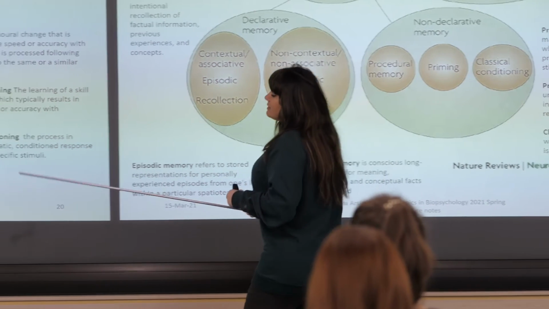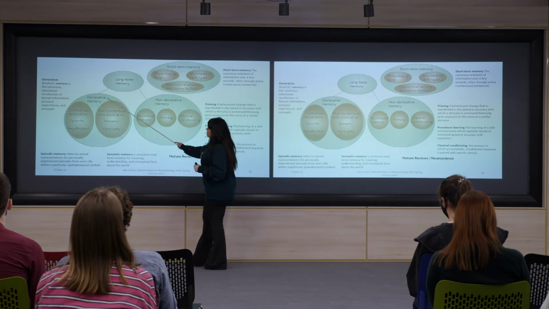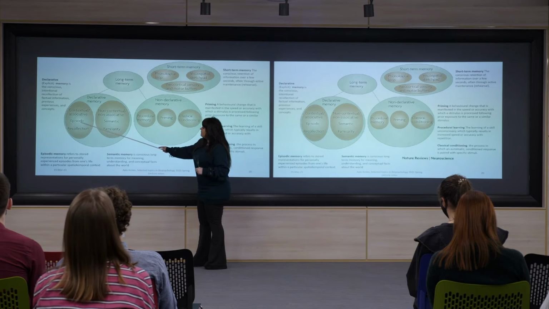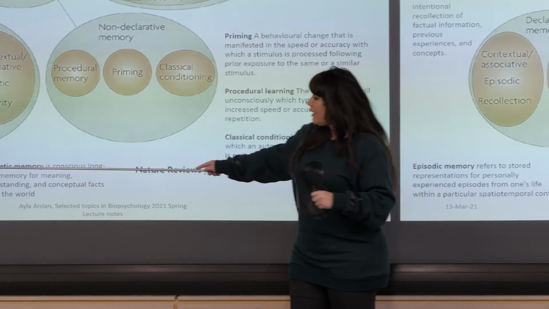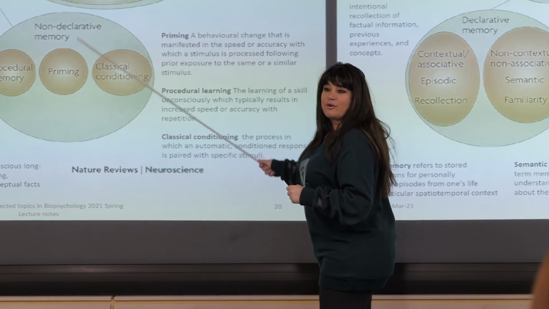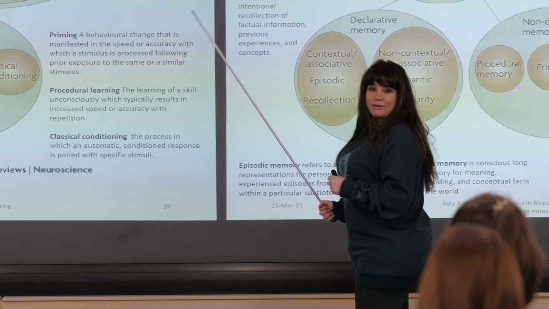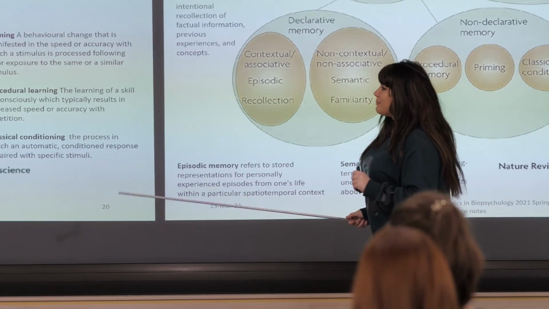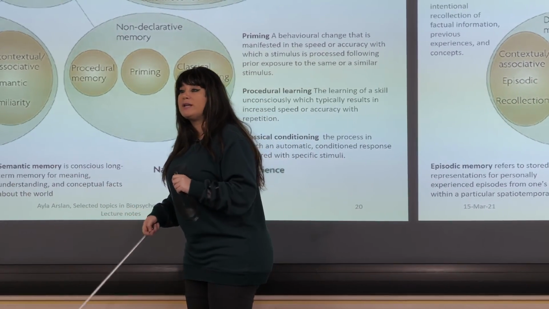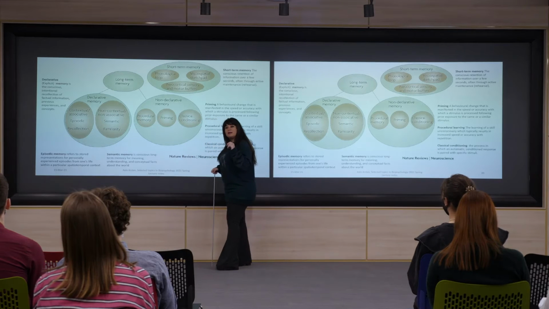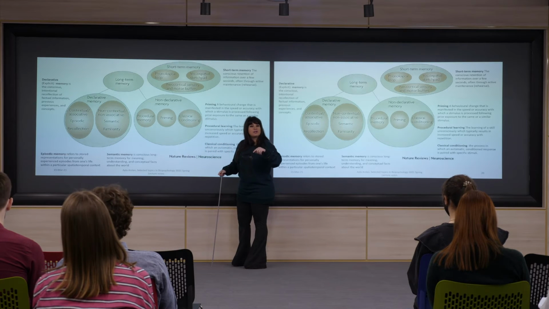On the other hand, in declarative memory, most of the time, there is episodic memory and semantic memory. I wrote all the definitions here underneath for you to check at home. Basically, with episodic memory, you remember things in association with a spatio-temporal context.